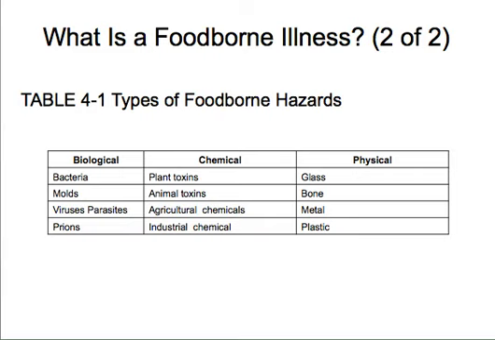Chemical: plant toxins, animal toxins, agricultural chemicals, industrial chemicals, and physical hazards like glass, bone, metal, plastic. And this slide doesn't show radiological hazards. That might include something due to the food becoming radioactive from a nuclear power plant or weapons.